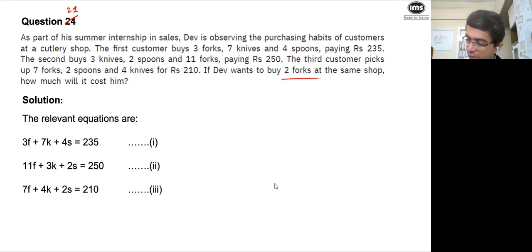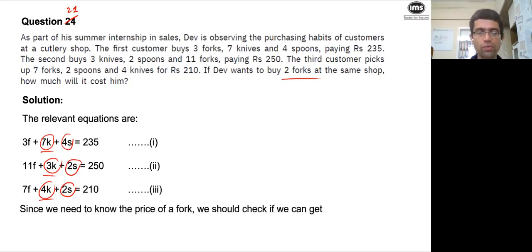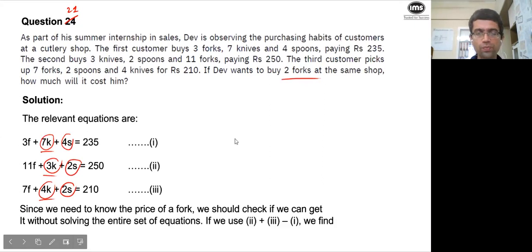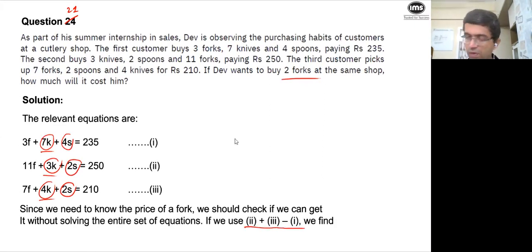What I notice is there is a 4S, 2S, 2S, 7K, 3K, and 4K. That means there is a certain relationship between the coefficients, right? So I just need the price of a fork. So F is what I need. Without solving, I'm going to do 2 plus 3 minus 1.